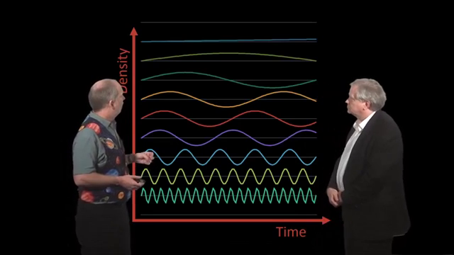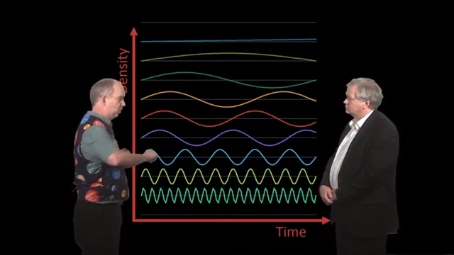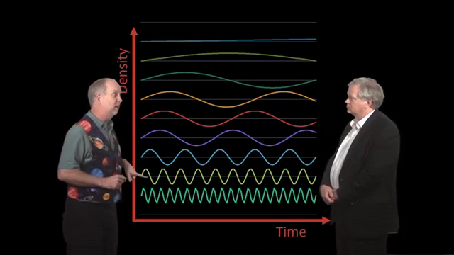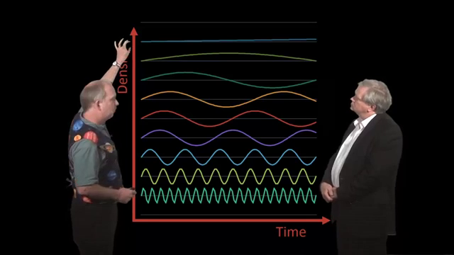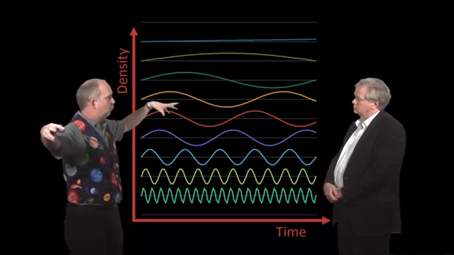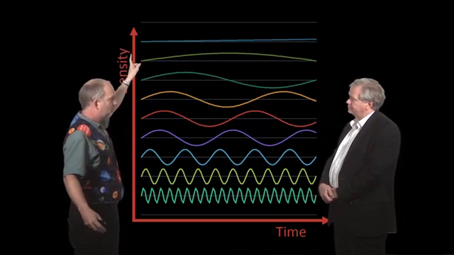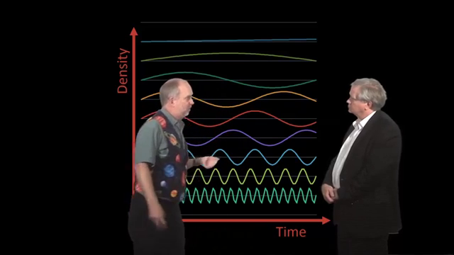Previous plots were showing density versus position. What I'm now going to show you is density versus time. So this is a different graph, it looks superficially the same. Up here, for example, would be a really big sine wave. So these are the really biggest lumps in the universe. And because they're so big, it takes longer for anything to fall into anything.